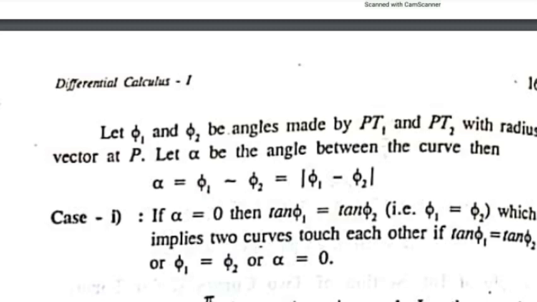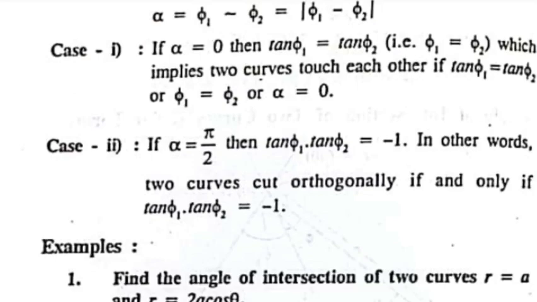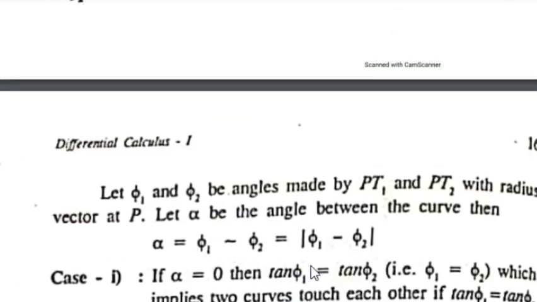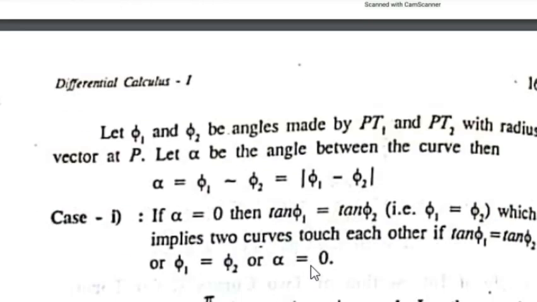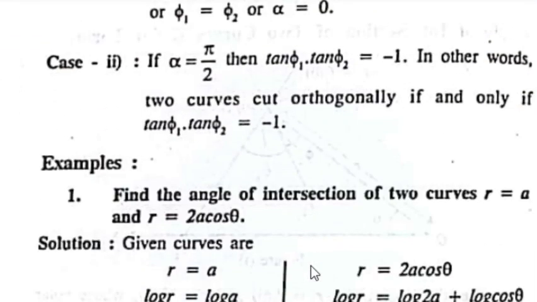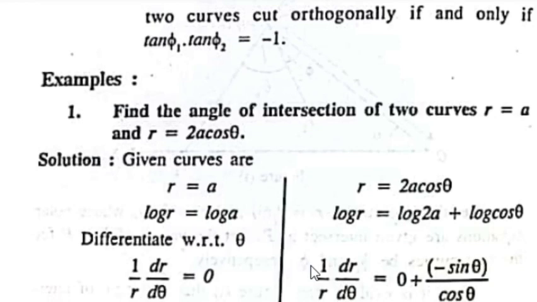Then you have to show either alpha is equal to 90 degrees, or phi 1 minus phi 2 is equal to 90 degrees, or you can also show that tan phi 1 into tan phi 2 is equal to minus 1. If the product of tan phi 1 and tan phi 2 is equal to minus 1, then the two curves cut orthogonally. Okay, so this is the angle of intersection of two curves.